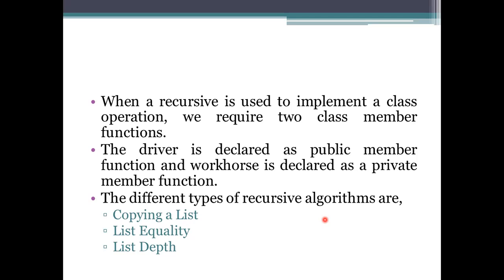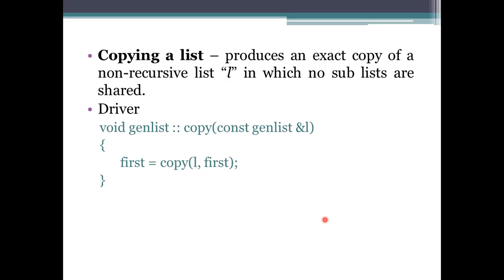The recursive algorithms we can use here are copying a list, equality, and list depth. Copying a list means here we make the processing of that one to be done. So here how we are going to provide this is, I am calling a method, generate a list. I am creating a list here.